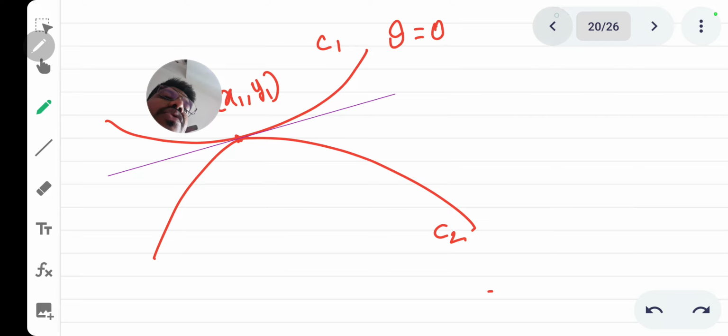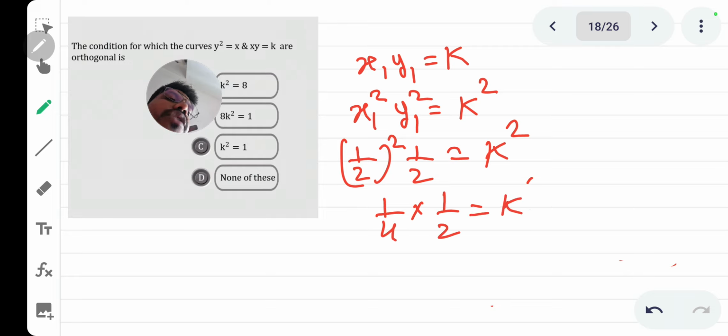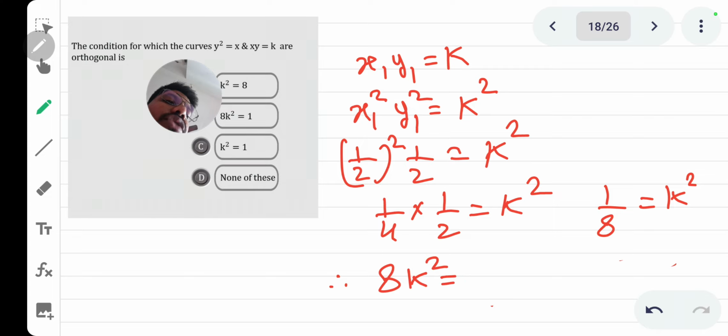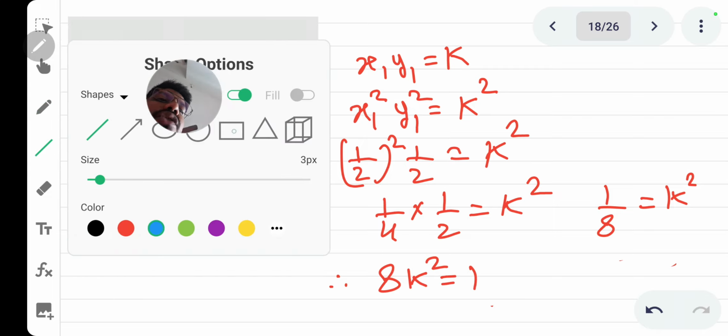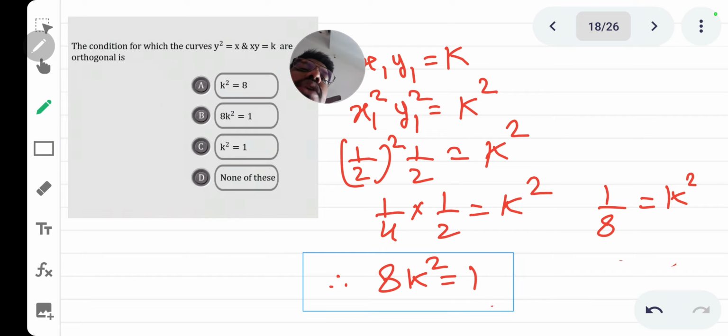So 1 by 4 into 1 by 2 equals k squared. So all you get is 1 by 8 equals k squared, and that way you get 8k squared equals 1. You can check the answer, option B matches with it.